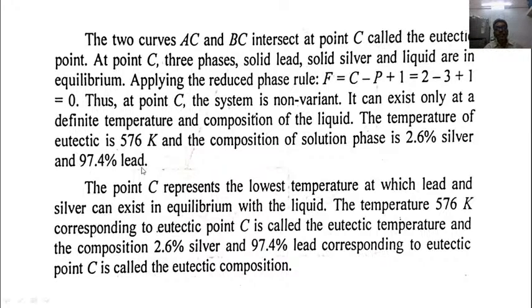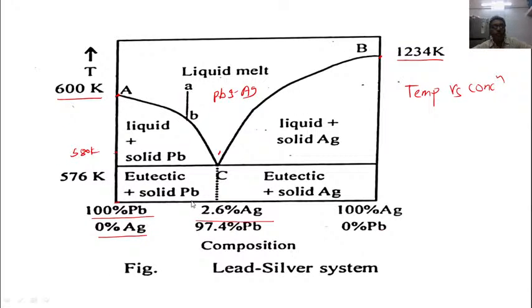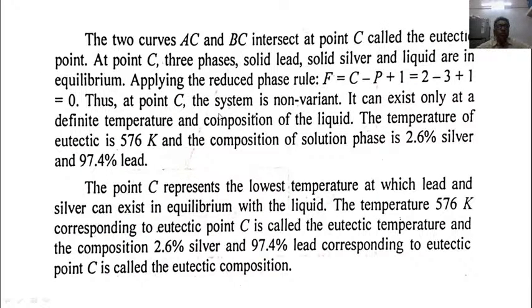The point C represents the lowest temperature at which lead and silver can exist in equilibrium with the liquid. This is the lowest temperature at which the three phases are existing, with solid silver and solid lead in equilibrium with the liquid melt. That is also very interesting.